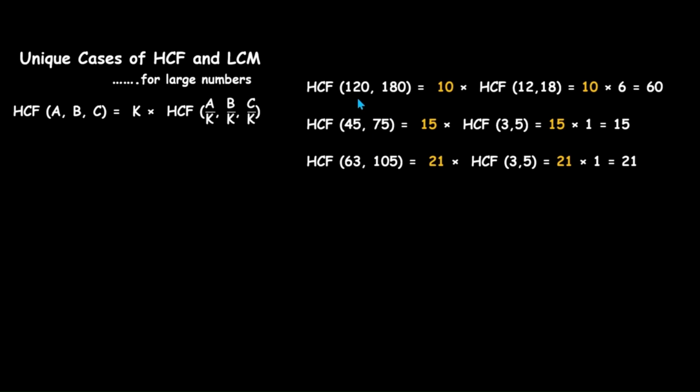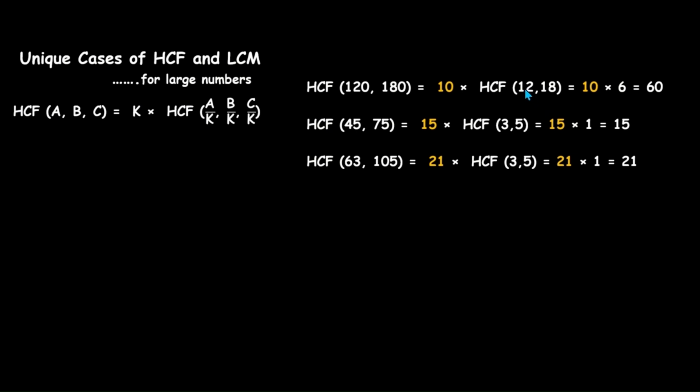This is the first case, 120 and 180. And as we can see, 10 is a common factor between 120 and 180. And if we take 10 out as a common factor, then 120 would be reduced to 12 and 180 would be reduced to 18.